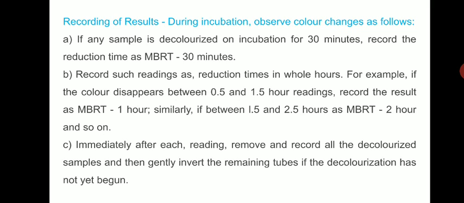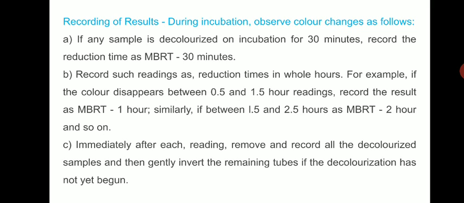You have to record the reading in such a way, then the reduction time in whole hours. For example, if the color disappears between 0.5 to 1.5 hours readings, then record the result as MBRT 1 hour. Similarly, if it gets decolorized between 1.5 to 2.5 hours, then consider MBRT as 2 hours.